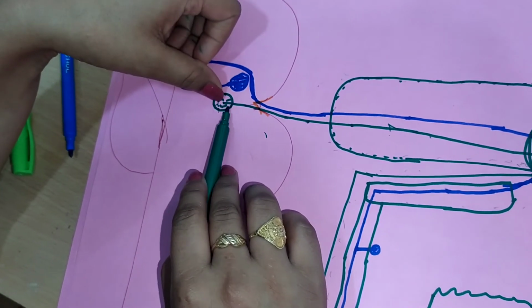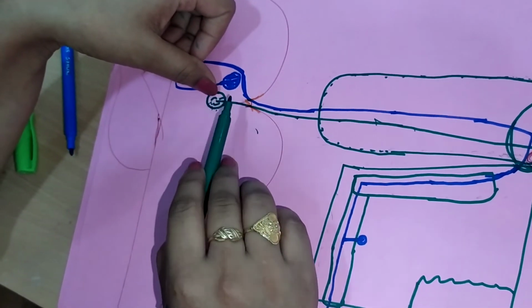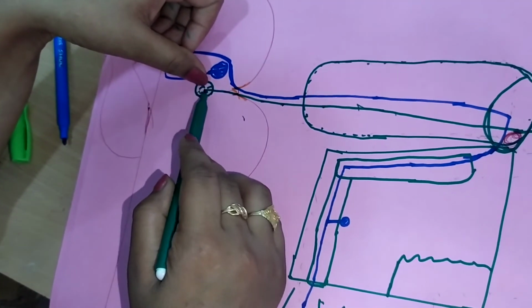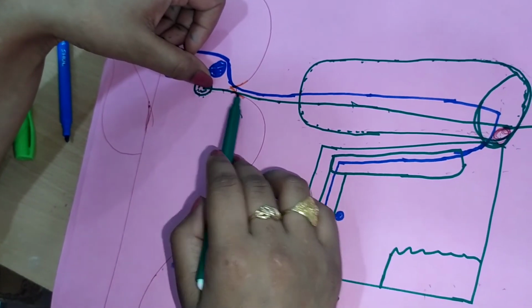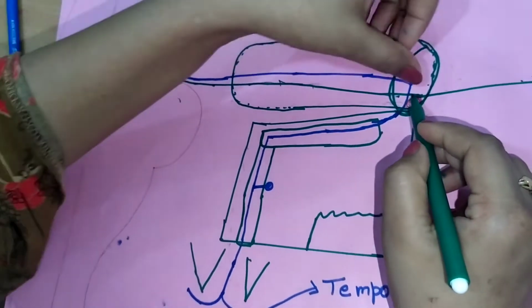Now the next is the fibers for salivation. From here these parasympathetic fibers are going.